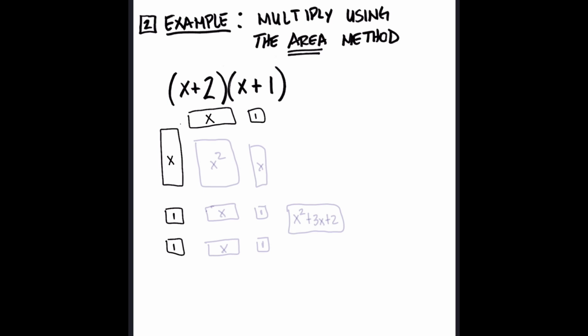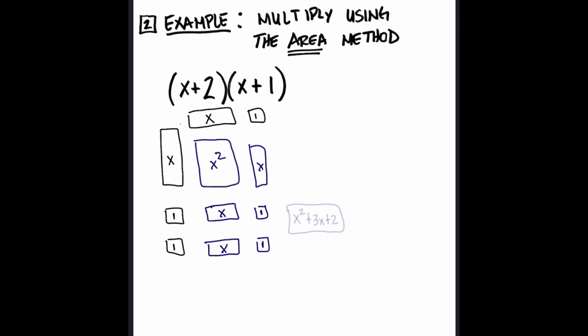So we see that an x box and an x box gives us x squared, as we saw on the previous page. Then x times 1 gives us an x box, another x times 1 gives us another x box, and 1 times x gives us another x box. Then 1 times 1 gives us a 1 box, and 1 times 1 gives us another 1 box.